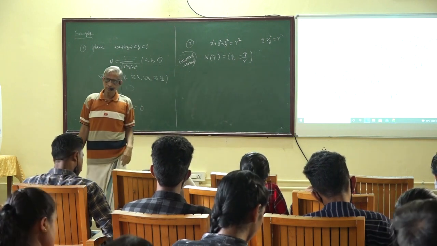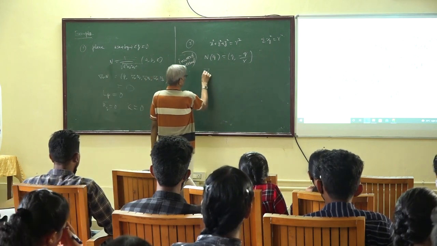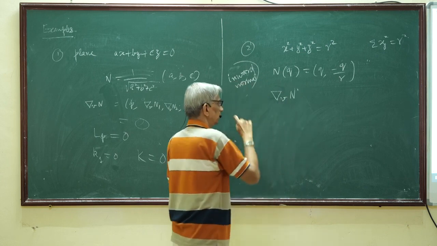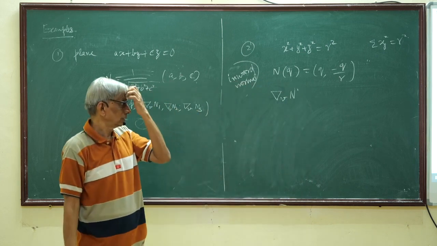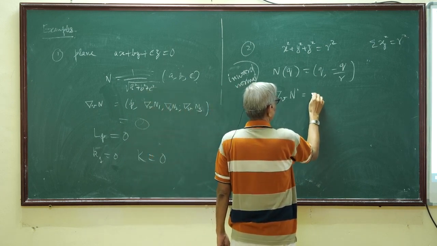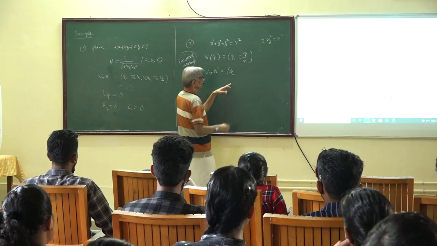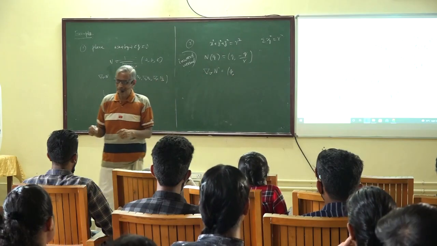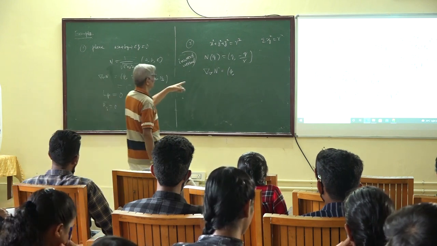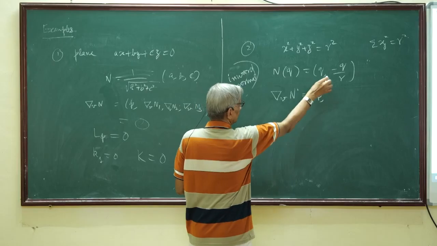So what is this now? What is del v of n at any point p? Is going to be p. So what are you going to get? P dot v. So you see, what are the components here?